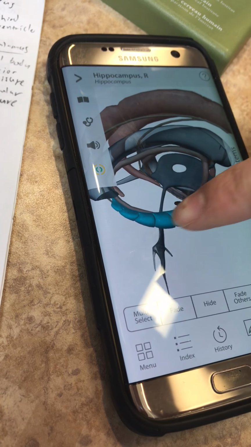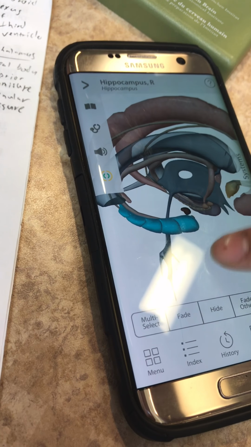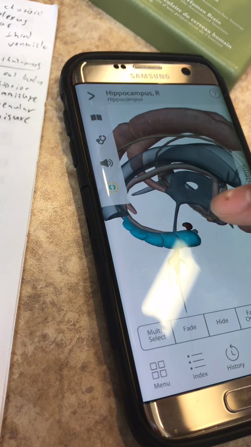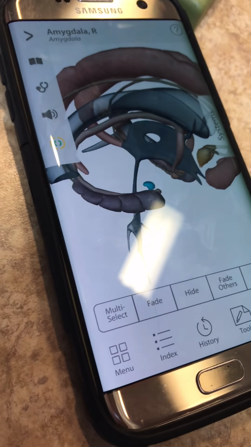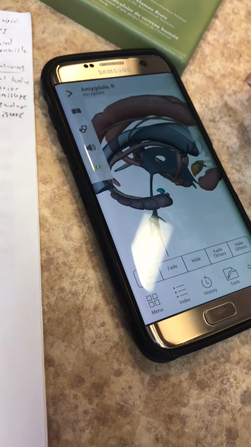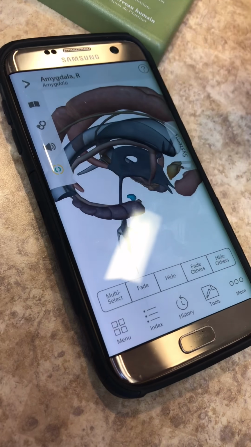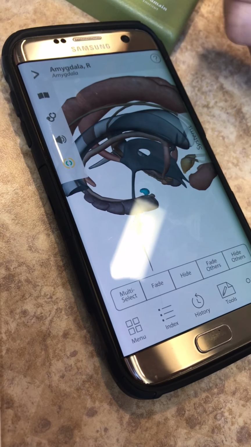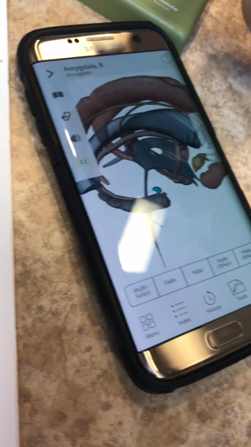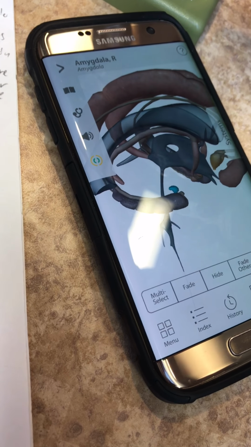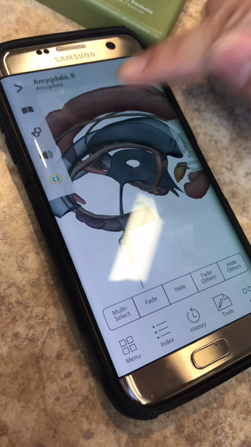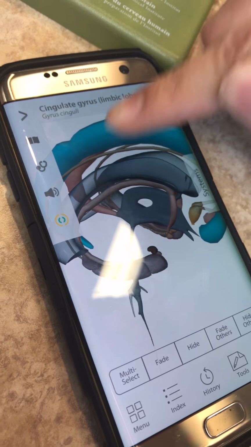It looks like a staircase almost, and just superior to the hippocampus, that little bean right there is your amygdala. The limbic system also includes your hypothalamus and thalamus, as he pointed out, and your basal nuclei. And it also includes your cingulate gyrus, which is this structure.